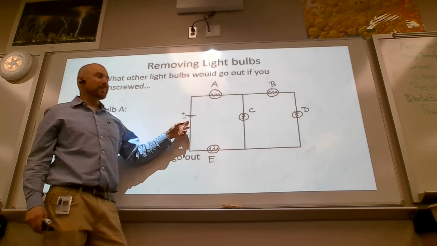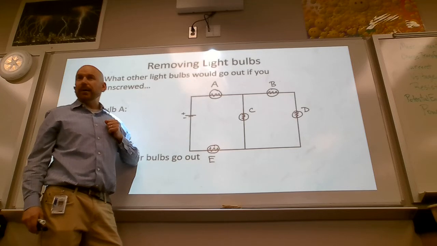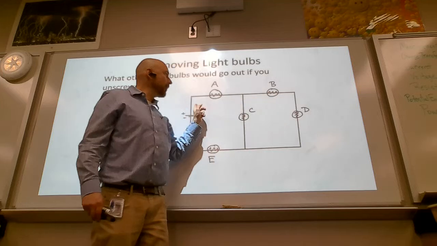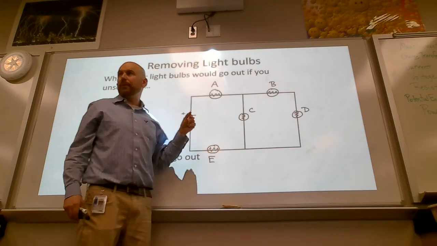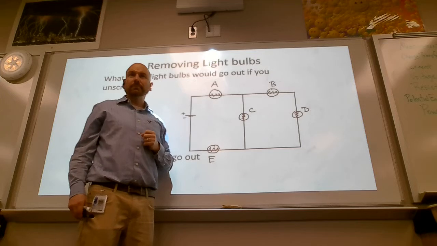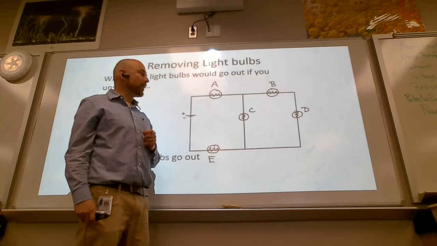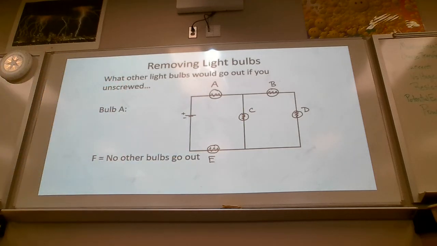If I pulled out light bulb D, what other light bulbs go out? B goes out because just because it touches it, it can't come back, have current go in two different ways in one wire. If I pulled out light bulb E, what goes out? Everything goes out. We getting the feel for this?